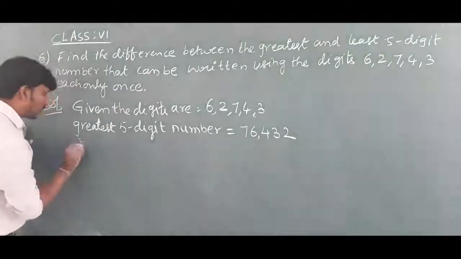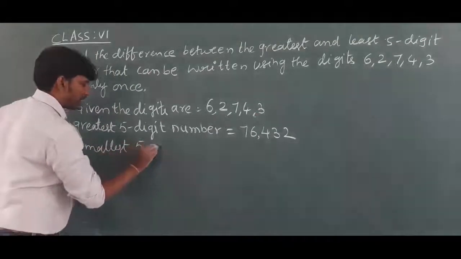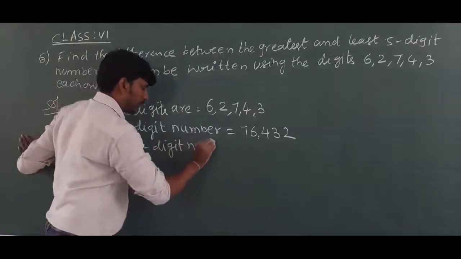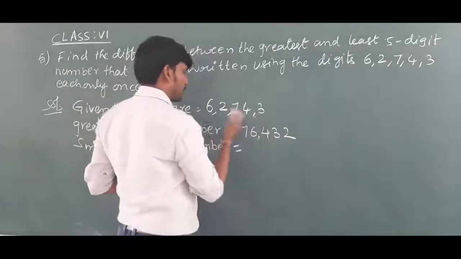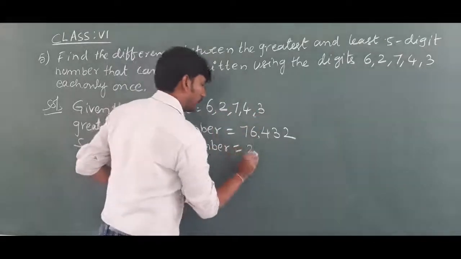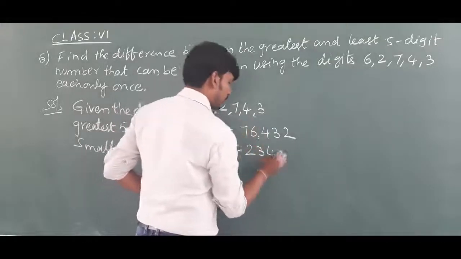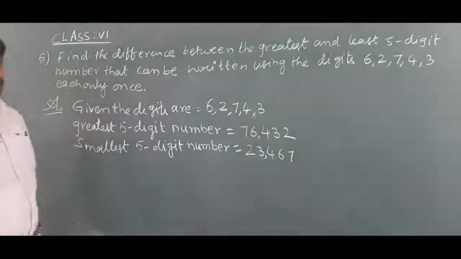Now the smallest or least 5-digit number is equal to, write in reverse, that is ascending order from small to big: 2, 3, 4, 6, 7. Okay, 23,467.